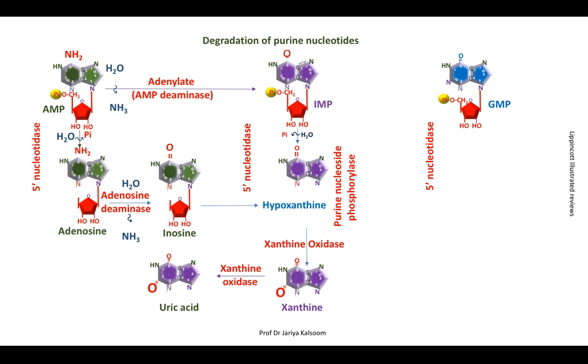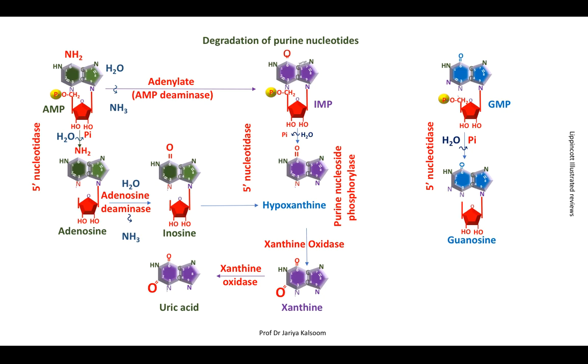Now coming to GMP. GMP, again, this is a nucleotide. It is going to be converted to its nucleoside form in the presence of 5' nucleotidase. So here we can see removal of phosphate leads to the formation of guanosine, which is the nucleoside form.